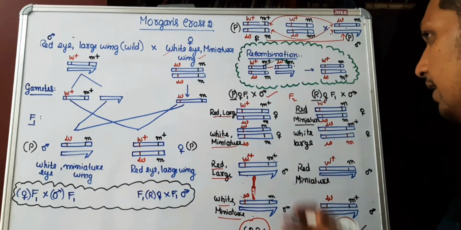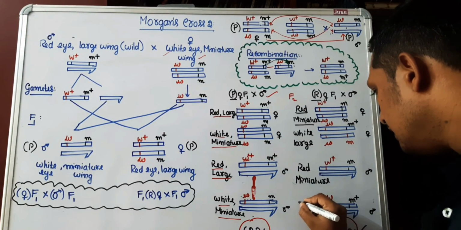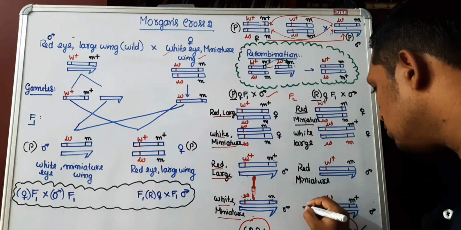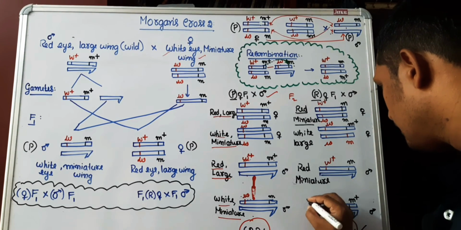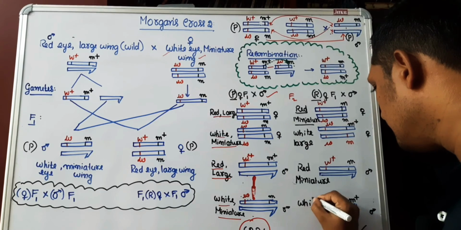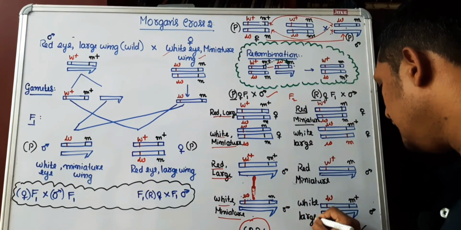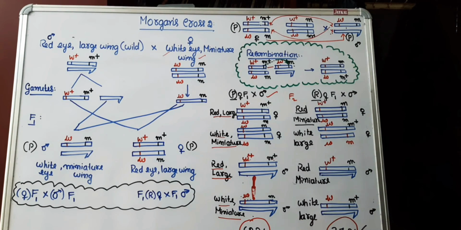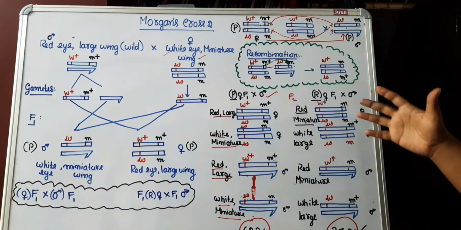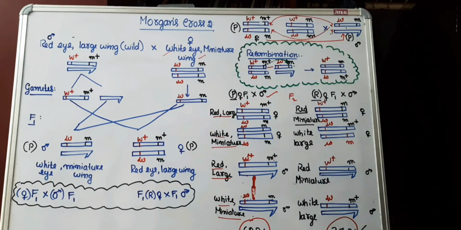Again a recombinant not there in parent. Here small w refers to white-eyed, M plus refers to large winged male. These are the recombinants formed.